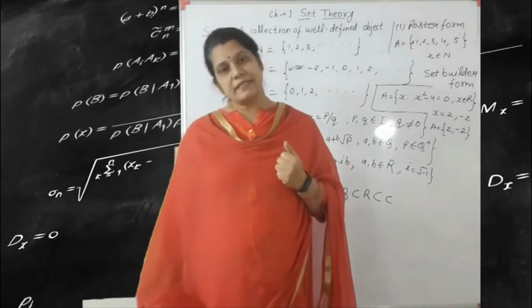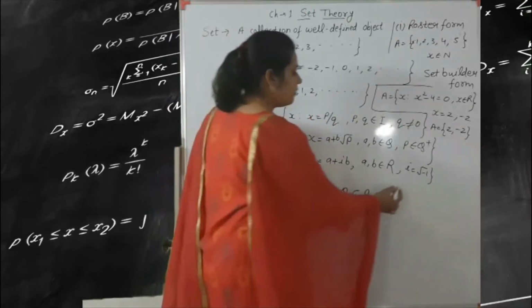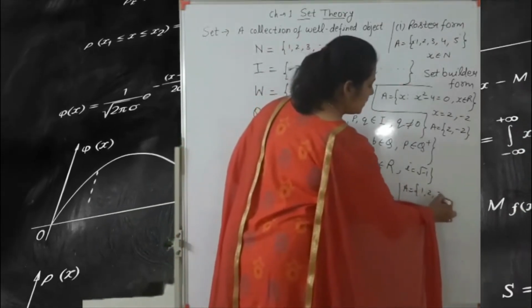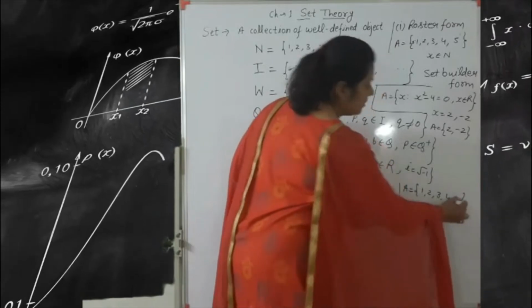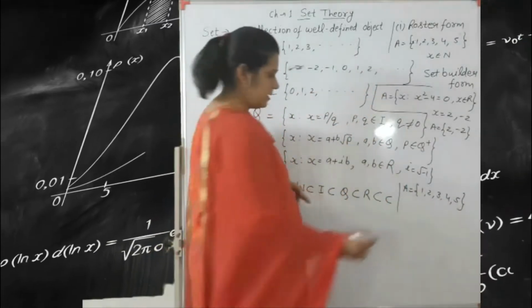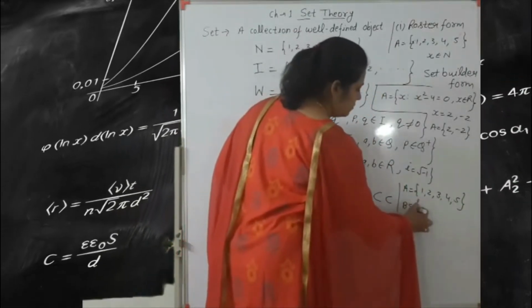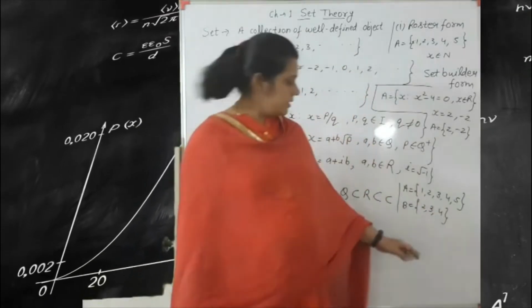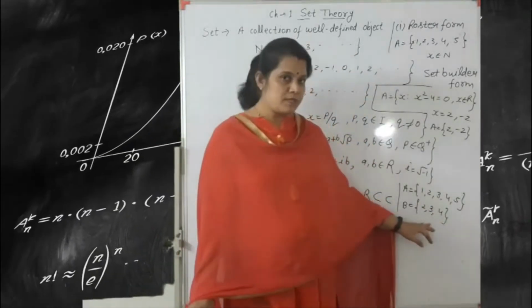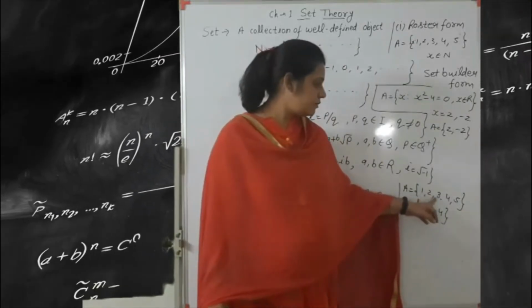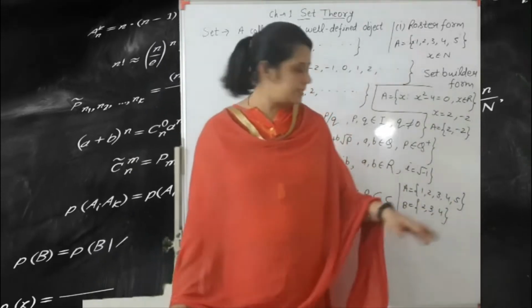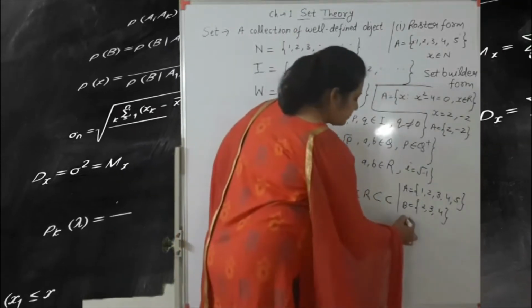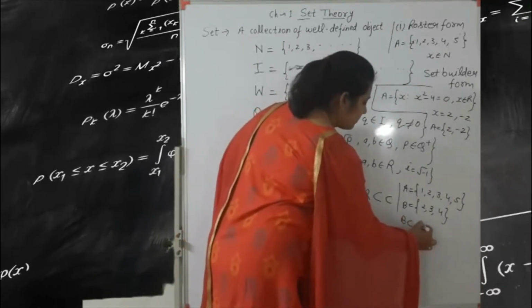Okay, next one is what is a subset, what is a superset. So subset, that means what? If we have A is equal to {1, 2, 3, 4, 5}, this is set A, and set B is equal to {2, 3, 4}. Obviously, here A has 5 elements, and here B has 2, 3, 4. So we write B subset A. Why?